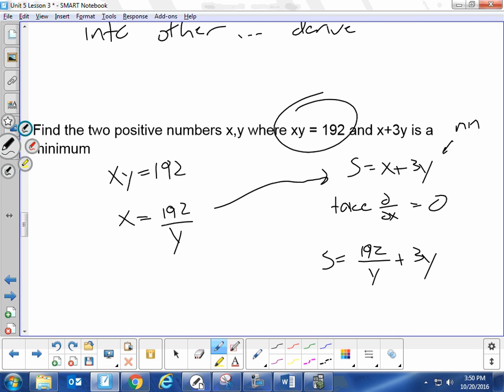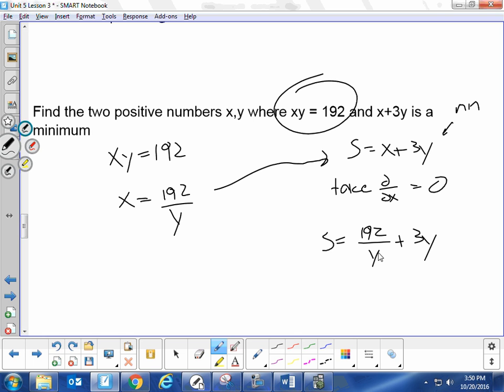Is that going to help me? Yes, tremendously. I'm going to take the derivative of this. Now I'm going to rewrite this as y to the negative first, and take the derivative with respect to y. Whatever variable I have, I'm going to say this is negative 192 over y squared plus 3. This is set equal to 0.